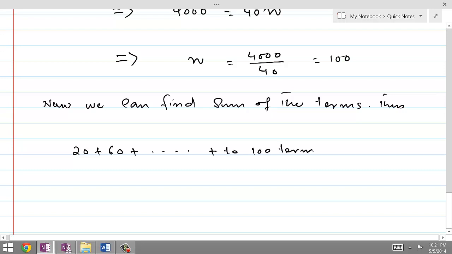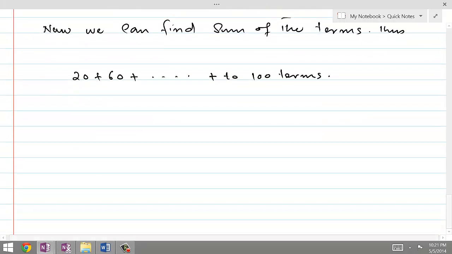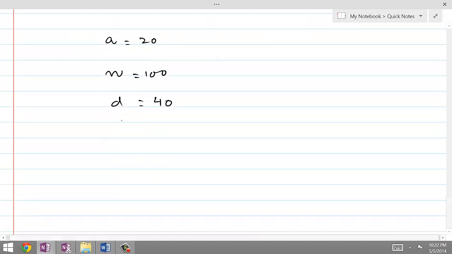For 100 terms we are required to find the sum. So a is equal to 20, n is equal to 100, and d is equal to 40.